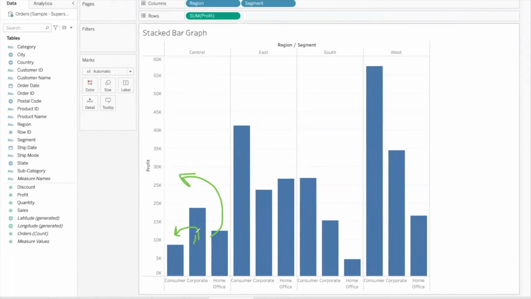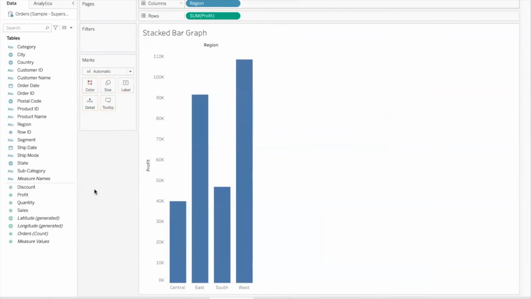If I stack corporate on top of consumer and home office on top of that, we get the overall value, and then we are slicing it. Understood? That is the purpose of a stacked bar and how it is helpful in such scenarios. I hope you understood. So I'll remove segment from the columns. Let it be by region, but we are going to slice it based on the segment. So I'll take segment into color.